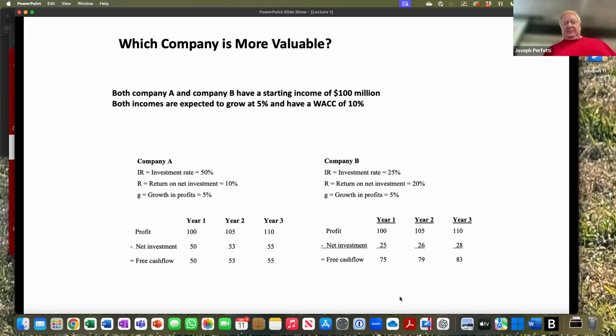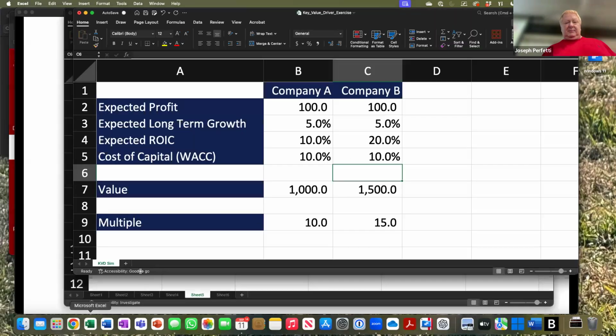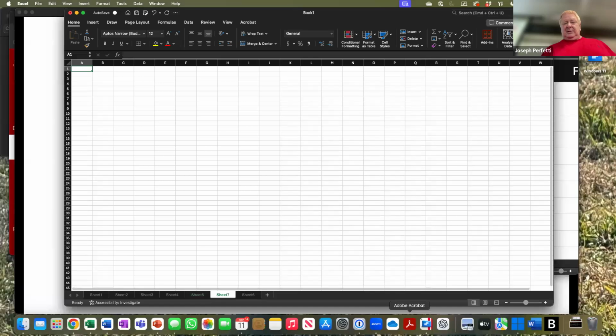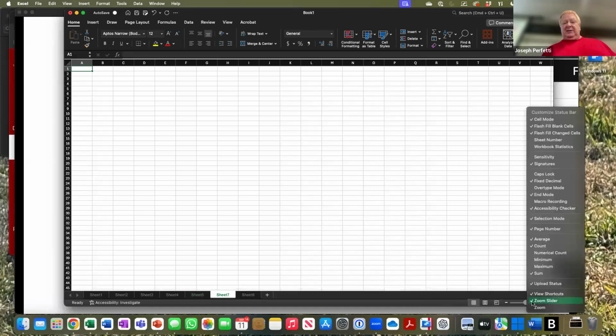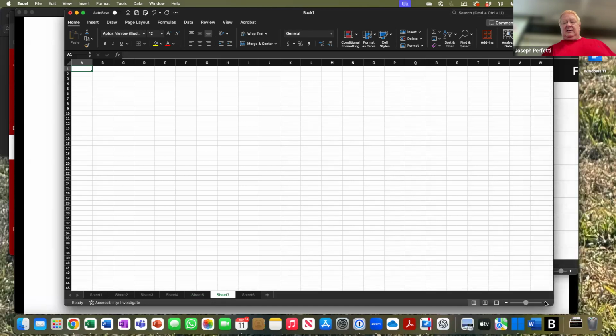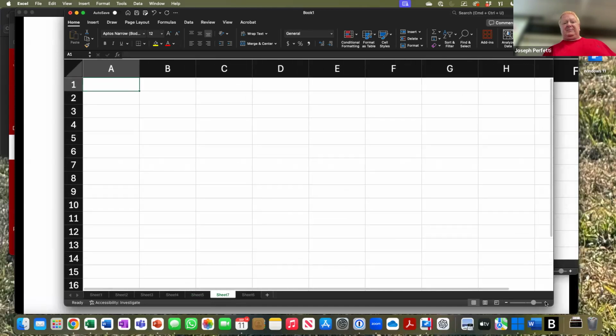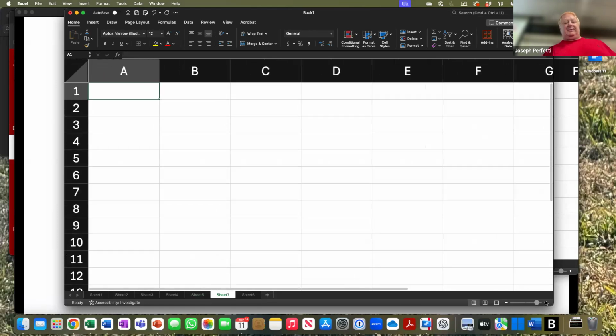here is two companies, bigger so it's easier to see. One company has a 10% ROIC.